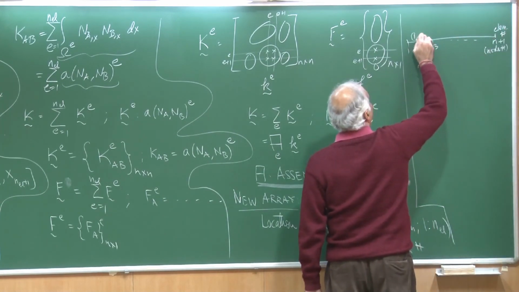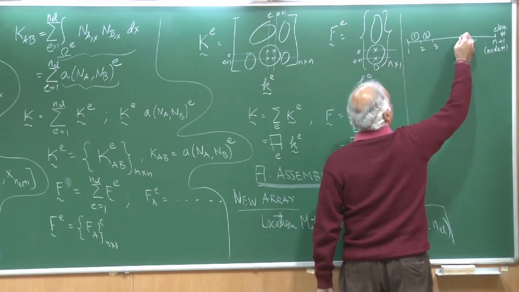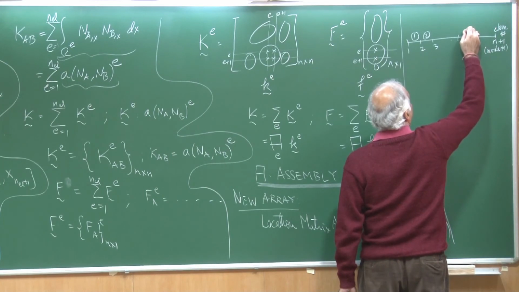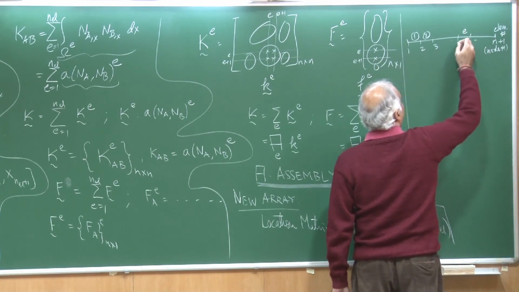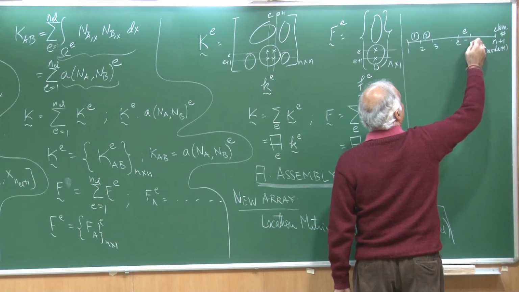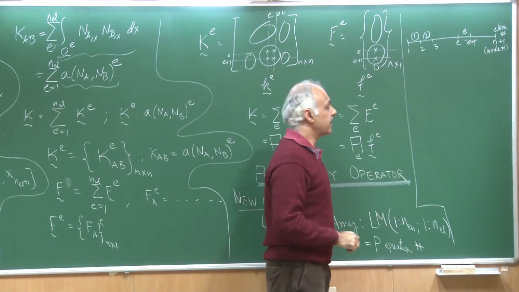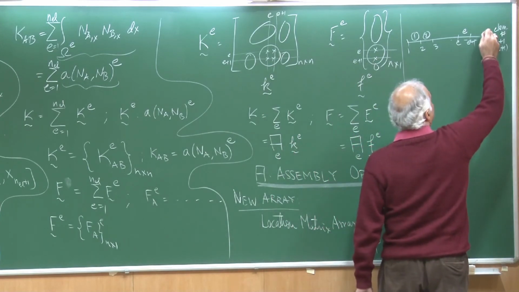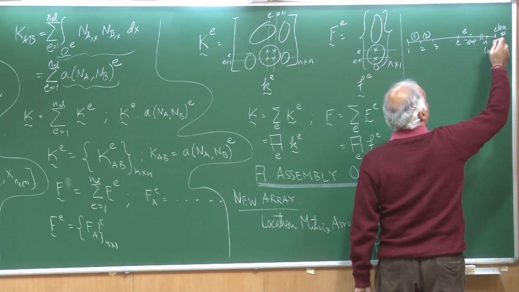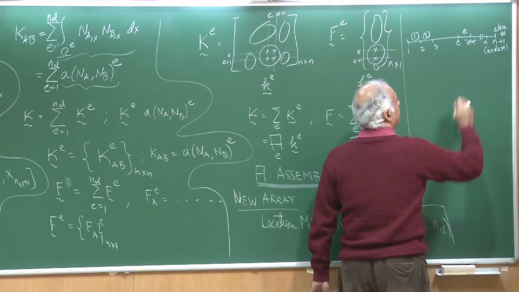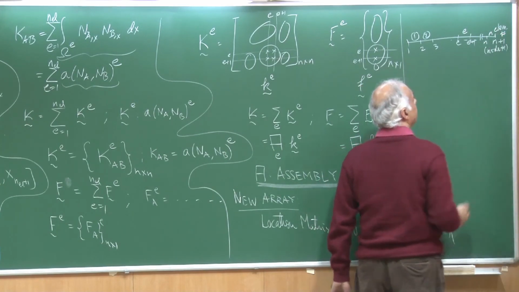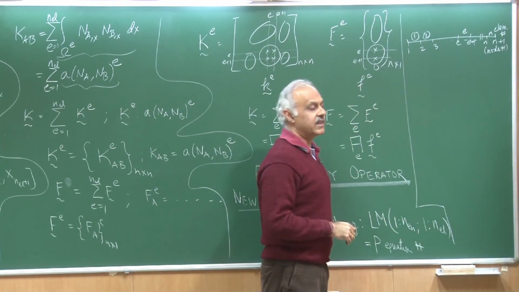This is element 1, this is element 2, and maybe I can write down here element E, and that corresponds to nodes E and E plus 1. And of course, the last element is N, or you can call it NEL, they are both interchangeable.